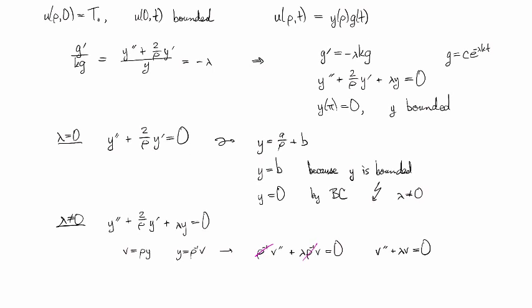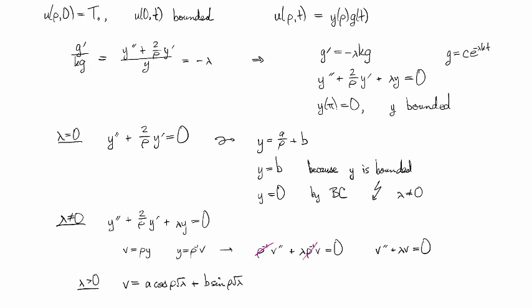So if we look at the subcase of when lambda is positive, then v is going to look like a cosine rho root lambda plus b sine rho root lambda, which means that y looks like 1 over rho times this same thing.